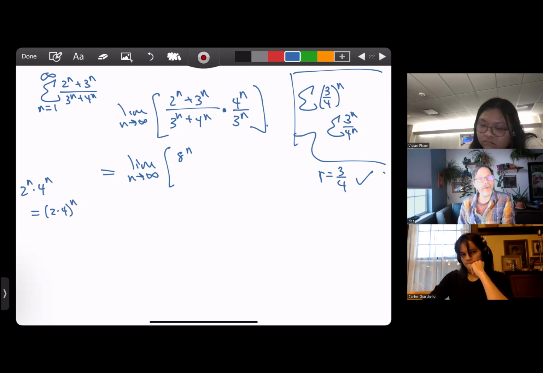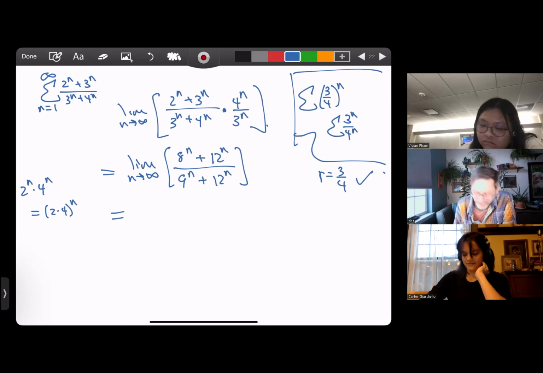Just using the properties of exponents, you can multiply those two bases together. And then plus 12 to the n over 9 to the n plus 12 to the n. Oh, okay. This is good. I think everything's going to be okay.